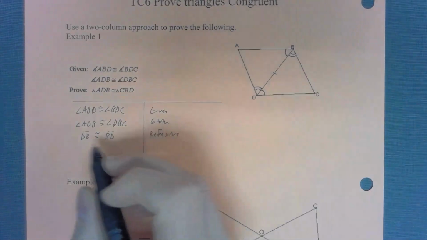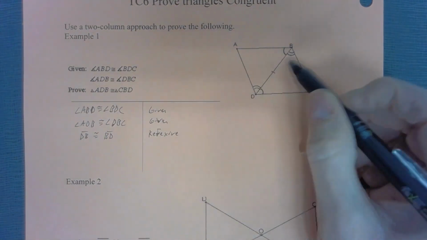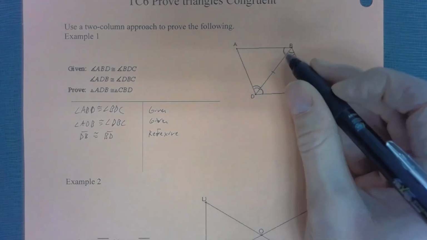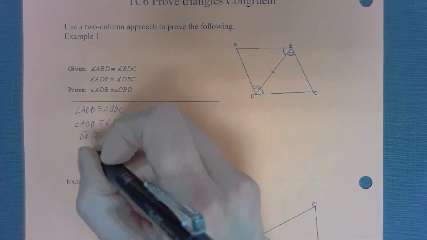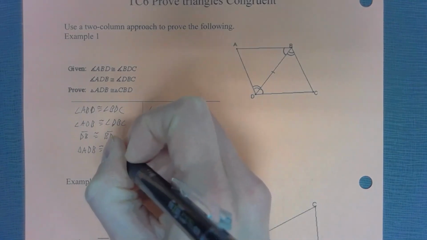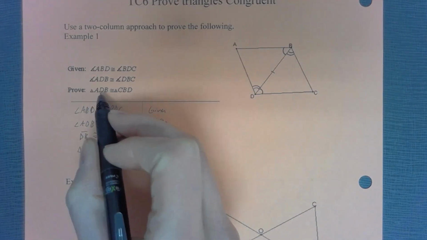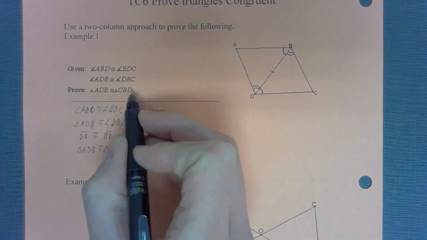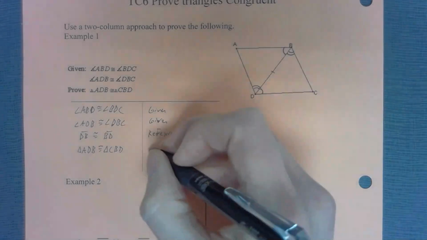Reflexive. And now that we have two angles and the included side, the side that's between the two angles, notice: angle, side, angle. So now we can say triangle ADB is congruent to triangle CBD. Notice the order. A goes with C, D goes with B, and B goes with D. And we know that because of ASA.